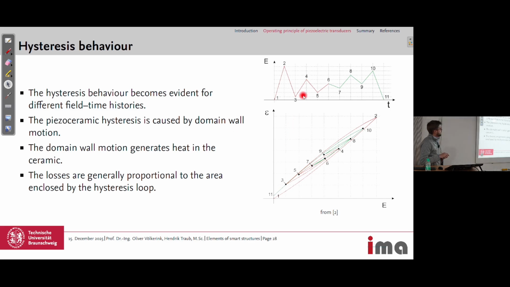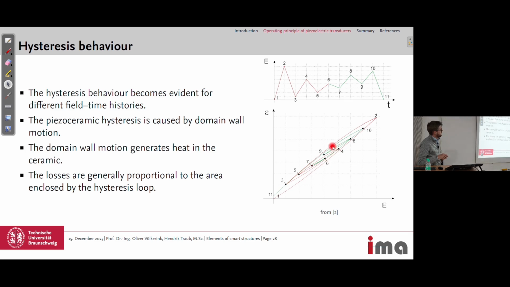This is a similar diagram, but with a different field time history, where we're not going back to 0 all the time, just at the end. So to look at the first loops, we're going from 1 to 2, and then going down to 0.3, so not to field 0 and also not to the elongation 0, and then increase the field again to 0.4.